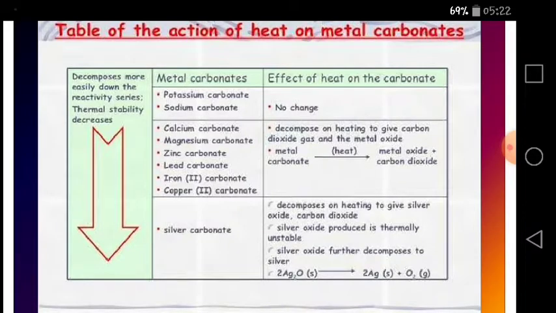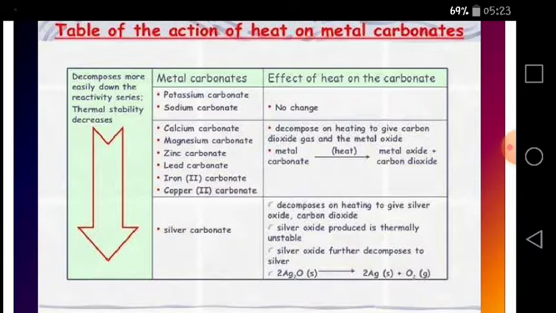One more thing I would love to discuss over here: the position of a metal in the reactivity series does not just indicate its reactivity as a metal, but also has implications for the chemical properties of its salts. This is well demonstrated by the thermostability of the metal carbonates.